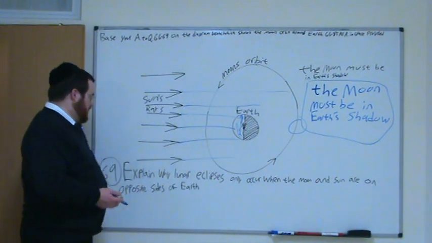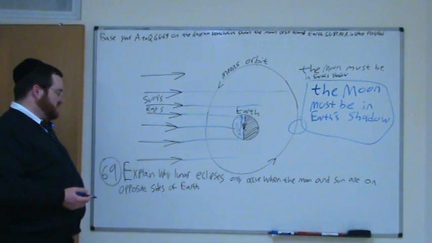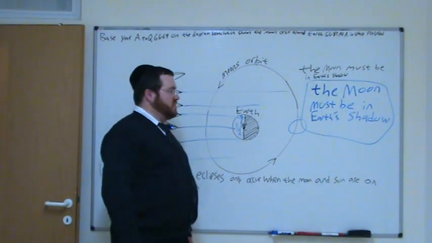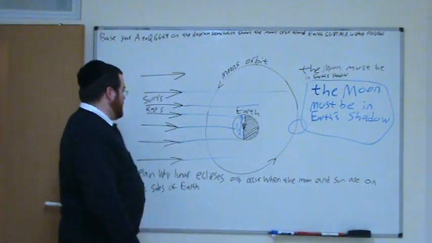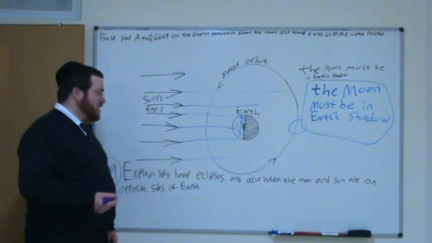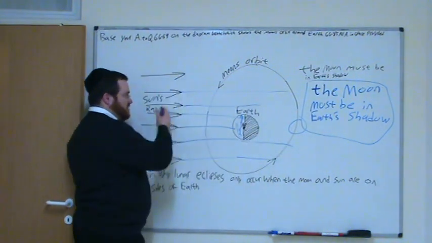Question 69. Explain why lunar eclipses only occur when the moon and sun are on opposite sides of the Earth. The answer is the moon must be in the Earth's shadow. That's all you have to write. Now, if you see the diagram, I added on these things to show you. Here's the light coming from the sun.